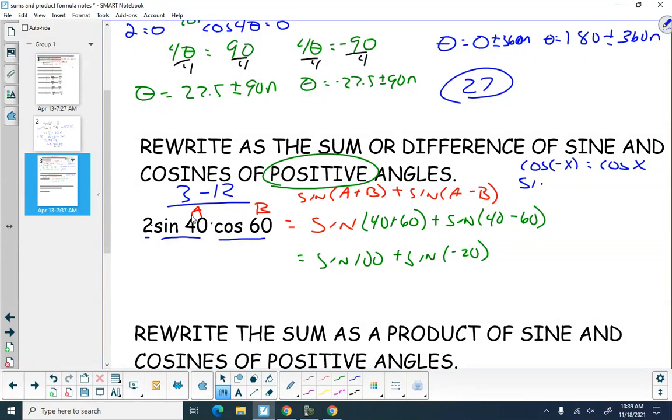When I'm dealing with the sine, though, sine is an odd function, so if I substitute opposites in, I get opposites. So when I have a sine, I can just bring my negative sign out front. So we have negative sine of 20 degrees. For the sine, the negative will just come out front.